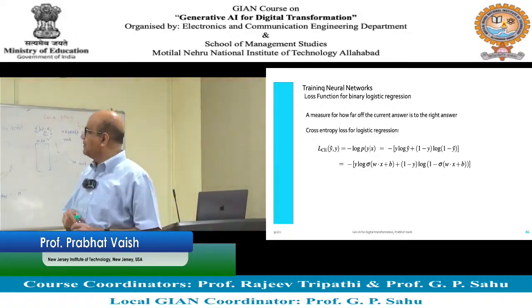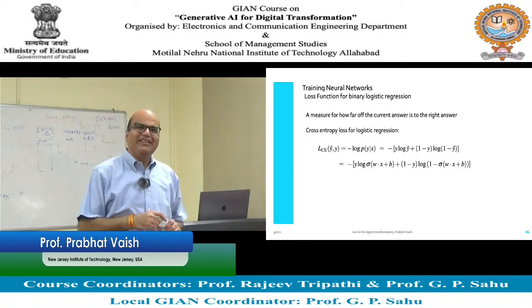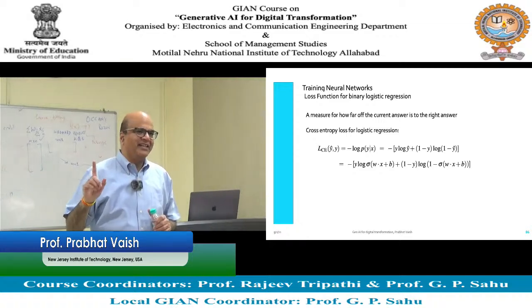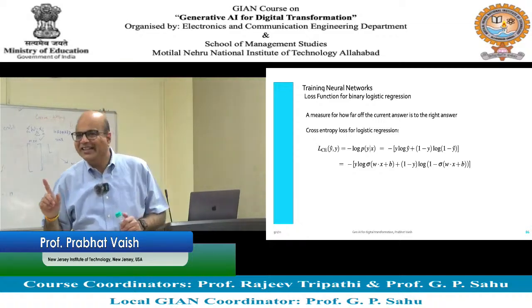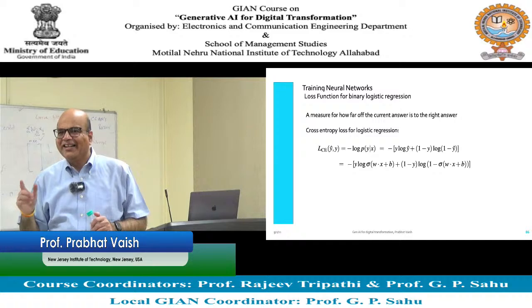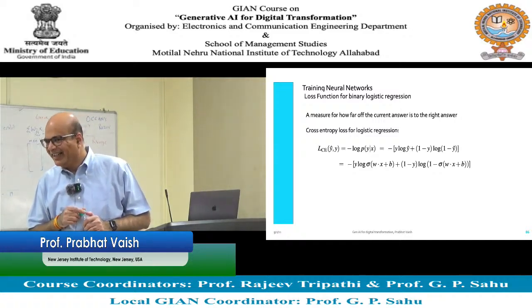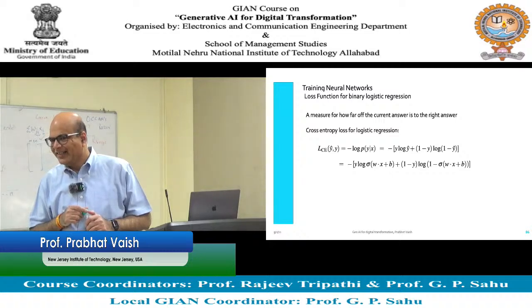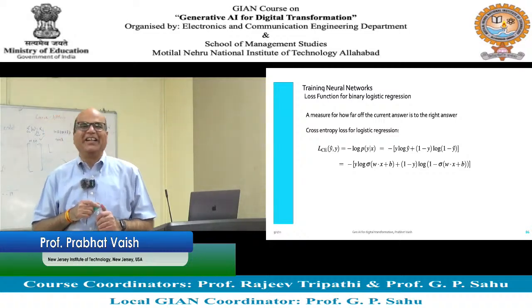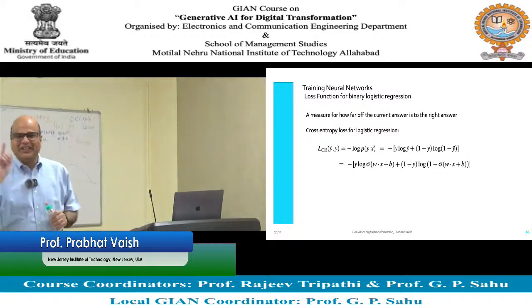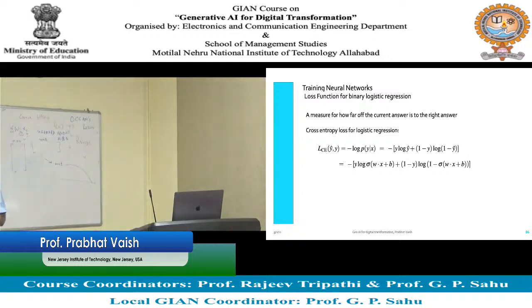Actually, I should have introduced a bit more math here, but not going too much into the detail. Does anyone know Bayesian probability? Sorry? Yeah. Okay, what is it? Okay, sorry, what were you saying in the back? Same thing, okay. You've heard about it, but you don't know what it is.